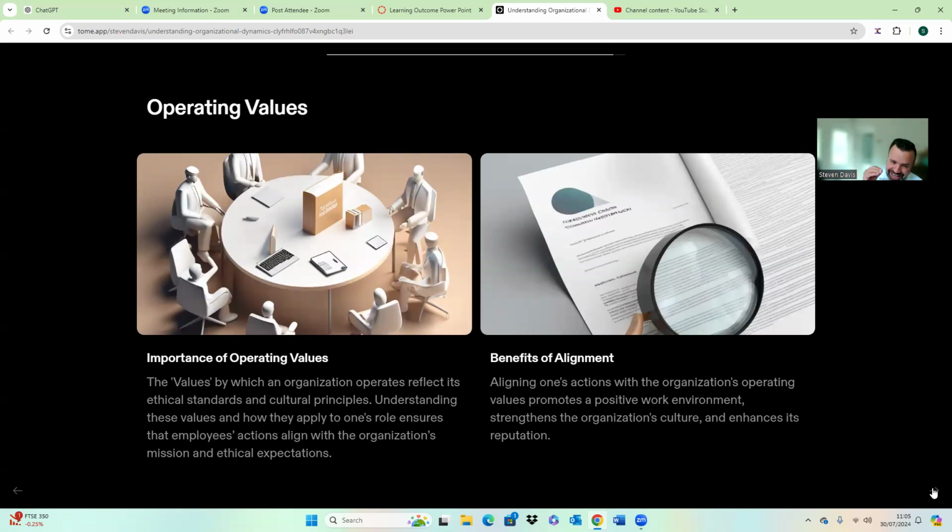It then feeds into the importance of those operating values. And I know I've gone on about this, but it is one of your knowledge requirements. Understanding those values, the culture, the background, the equality, the diversity, the inclusivity, the goals of coming together, the buzzwords, those sweeping statements is what brings you all together.